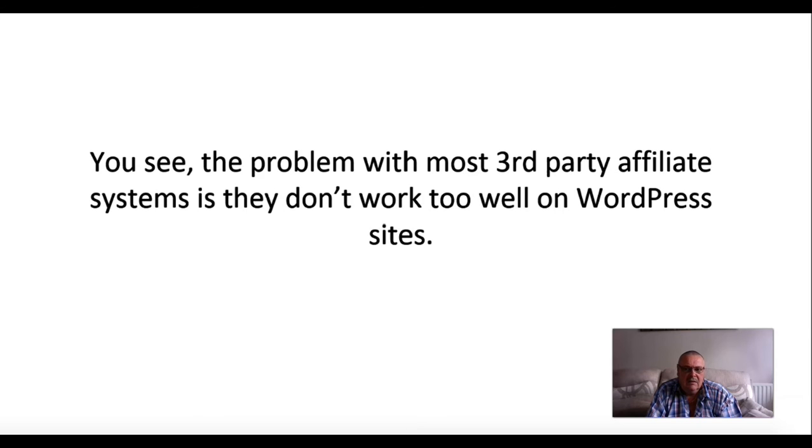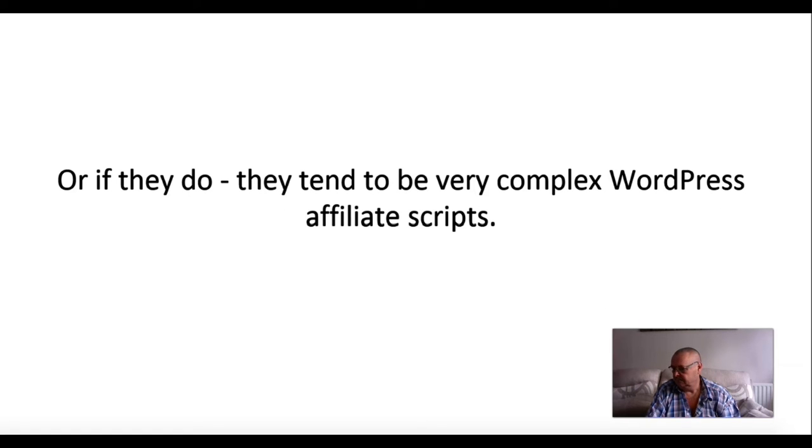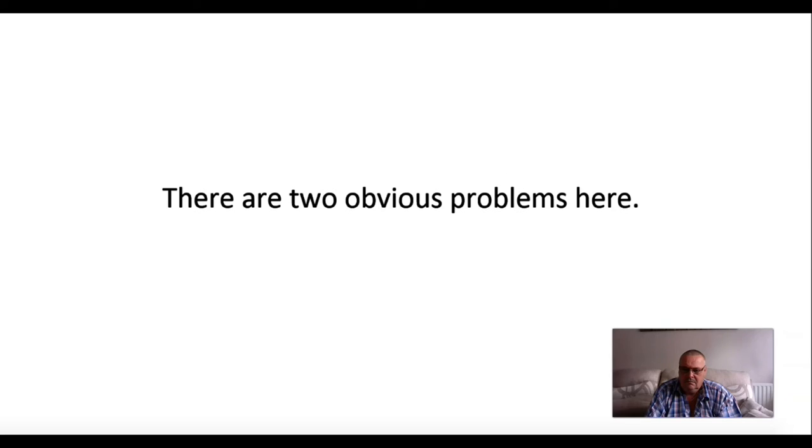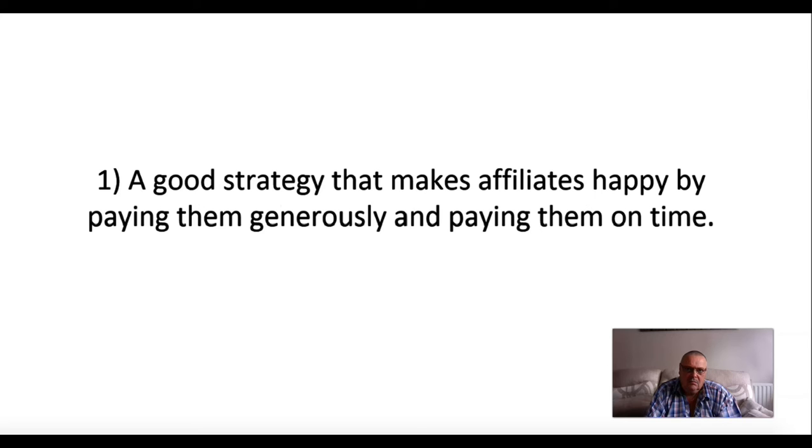You see, the problem with most third-party affiliate systems is that they don't work too well on WordPress sites. Or if they do, they tend to be very complex WordPress affiliate scripts. Now, there are two obvious problems here that you're going to need to solve. Number one, you're going to need a good strategy. So if you don't have one, I'm going to show you how to create one that makes your affiliates happy by paying them generously and paying them on time.